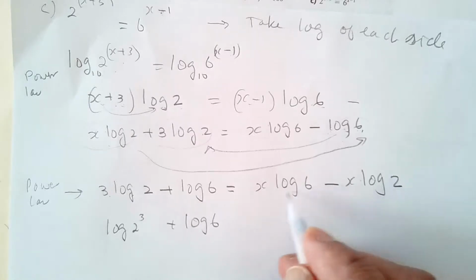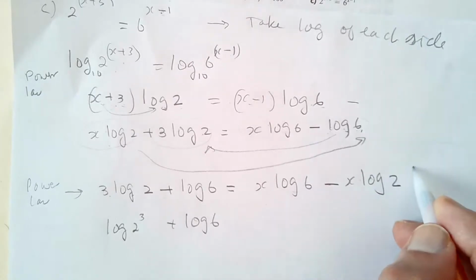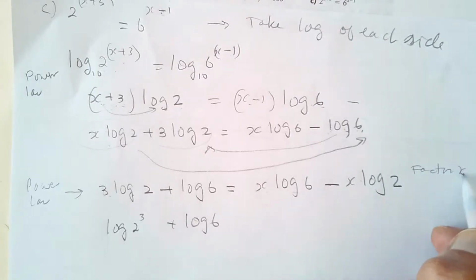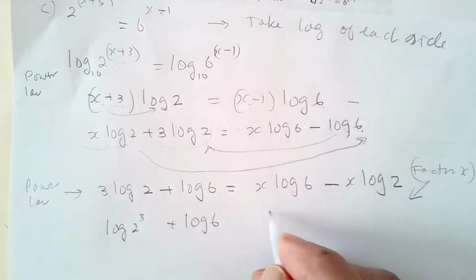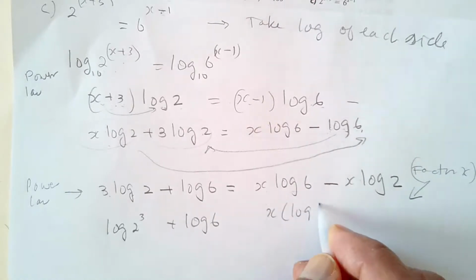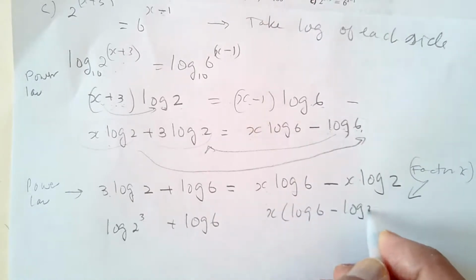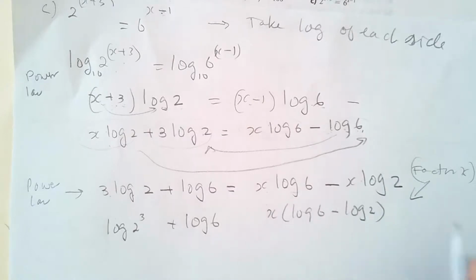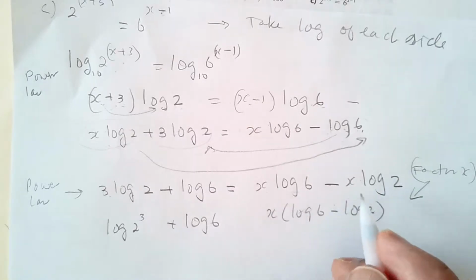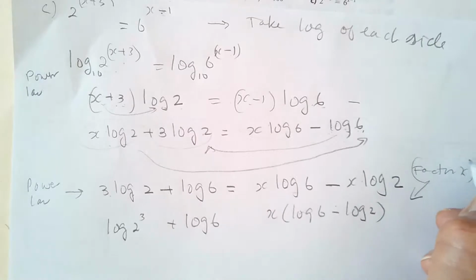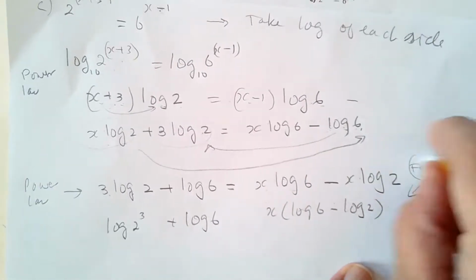And here we will apply the product and the quotient law. To simplify this, we can factor out the x. So we have x times (log 6 minus log 2). Factoring x, common factor.